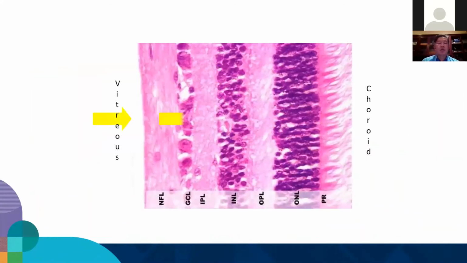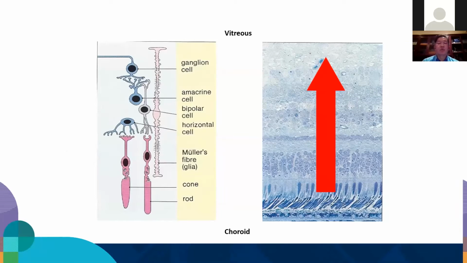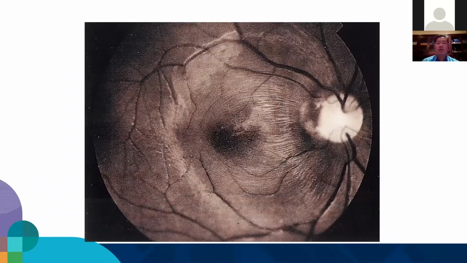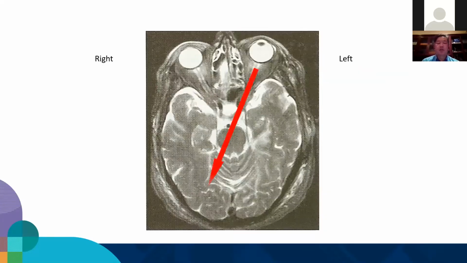With the retina, the light actually passes through until it hits the photoreceptors. The light energy is then converted into electrical energy, then passes up through the retina and through the nerve fiber layer, and then joins at the optic nerve, from which those signals are then transferred to the occipital lobe.